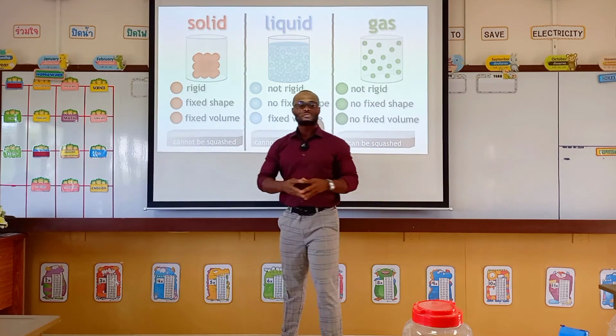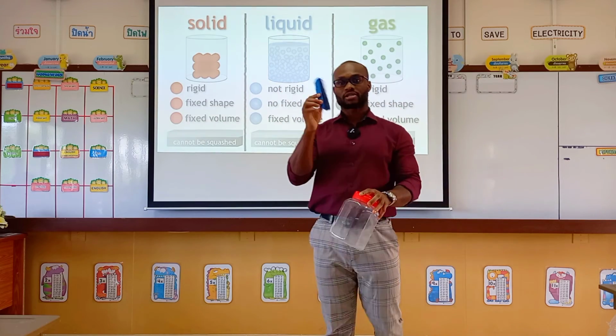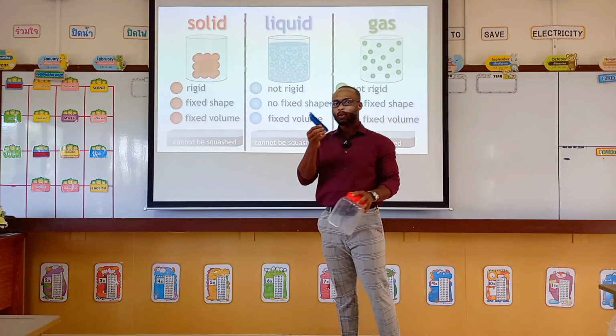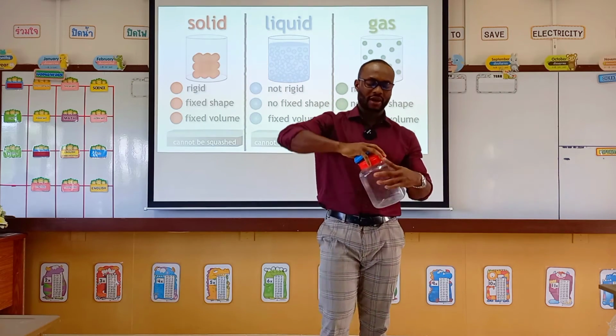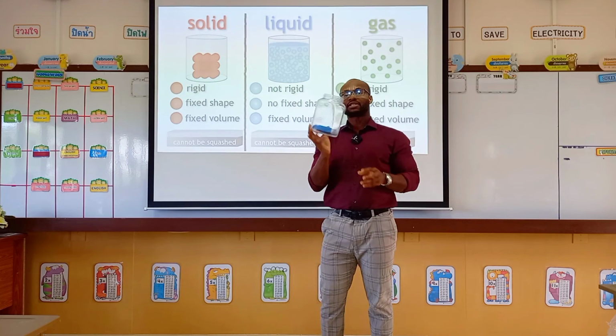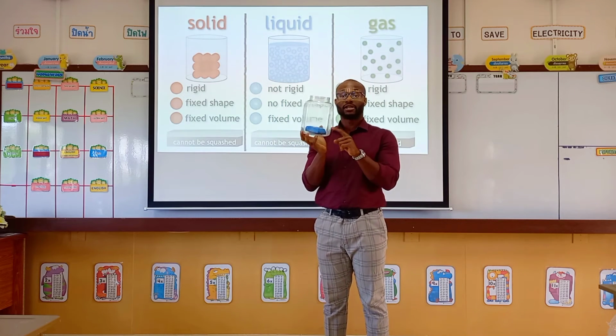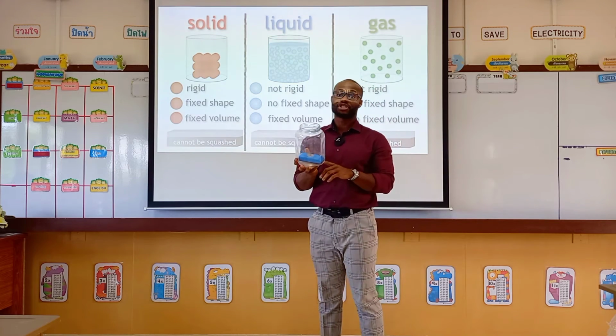So for example, here we have a solid duster, right? This is a whiteboard duster. If I open the lid of this container and put this inside, it doesn't take the shape of the container. It's still solid inside. So this is what I mean by fixed shape.